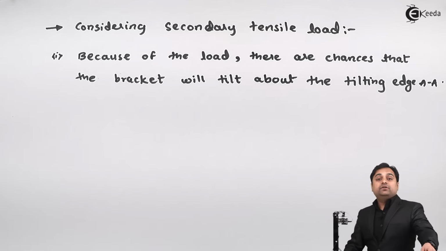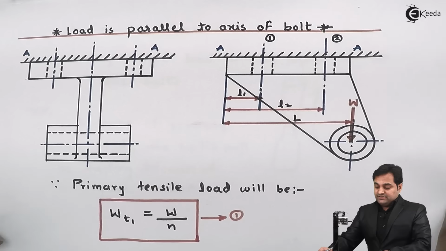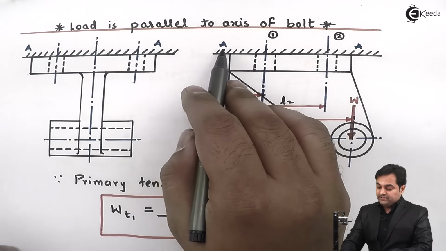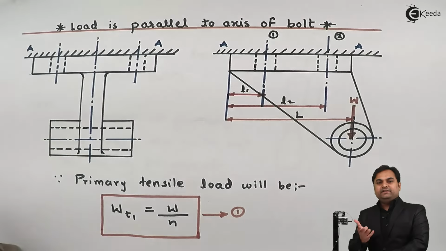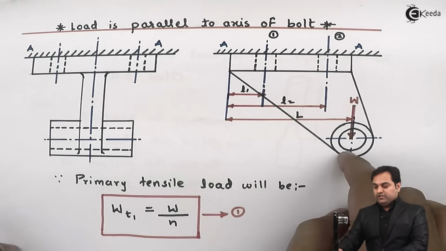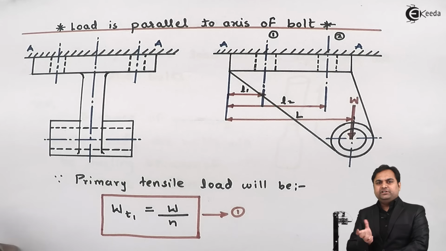Now what is this? Here this AA is called the tilting edge, and about this the bracket can tilt. When the load is acting, the bracket would be tilting.